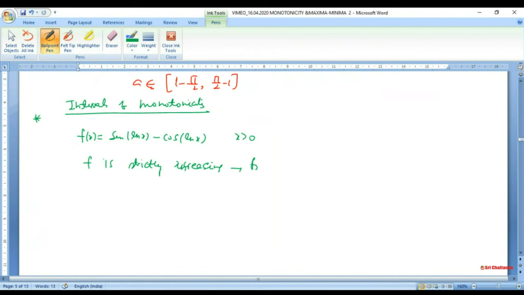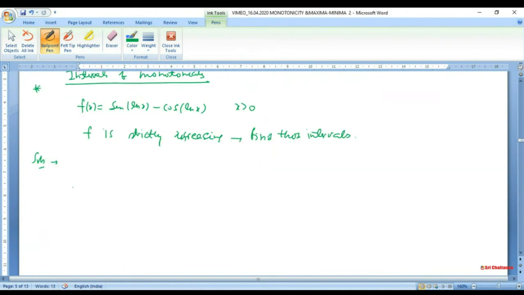So find those intervals. So for that we can do quickly. We can do it in two methods. One is f of x is sine of ln x minus cos of ln x.